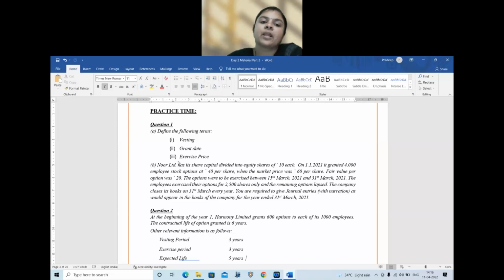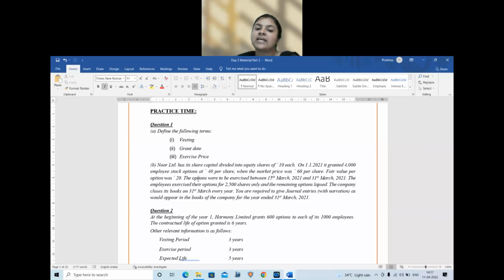Second question. Noor Limited has its share capital divided into equity shares of rupees 10 each. On 1/1/2021, it granted 4,000 employee stock options at 40 rupees per share. Market price was 60. Fair value of the option is therefore 20. Options were exercised between 15th March and 31st March.